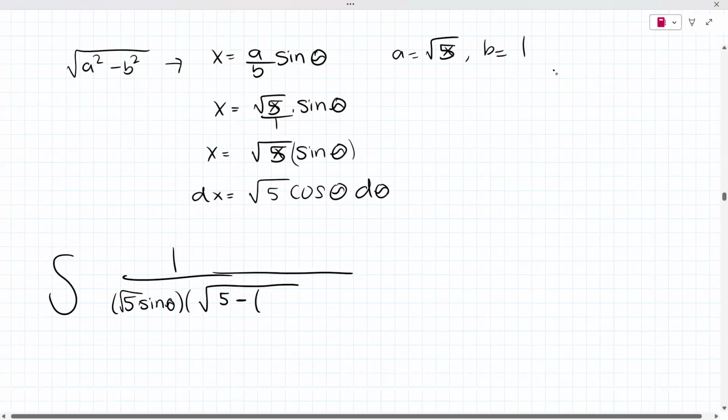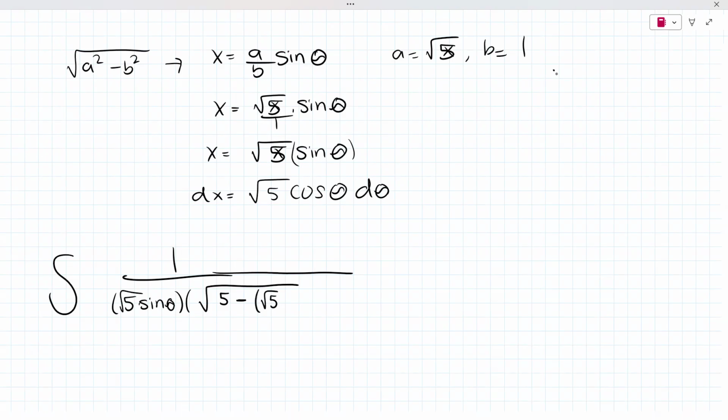So it's going to be square root of 5 sine theta, and then we got to square that, right?